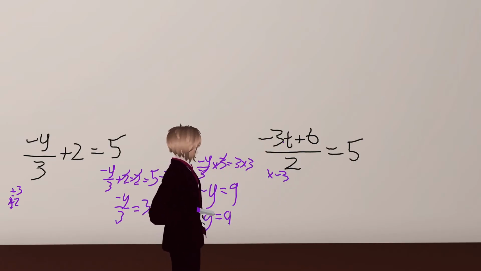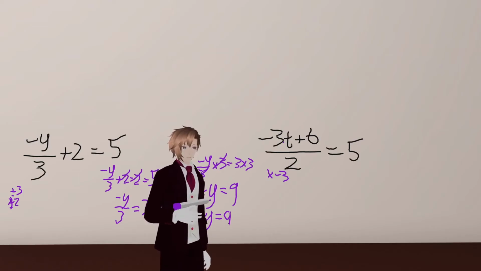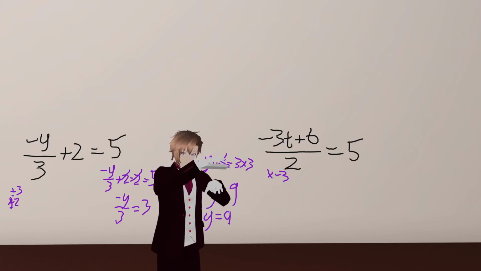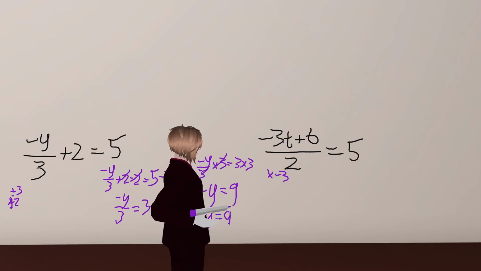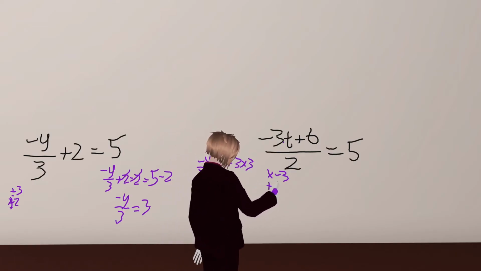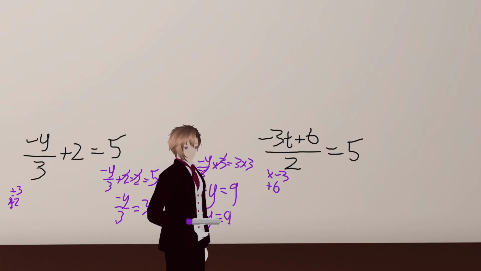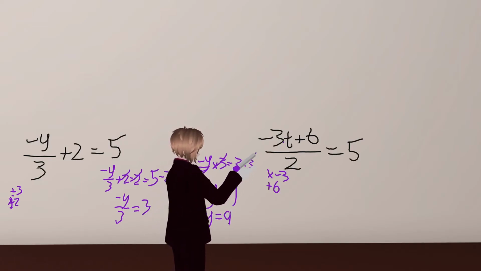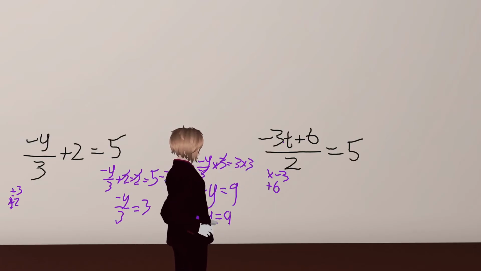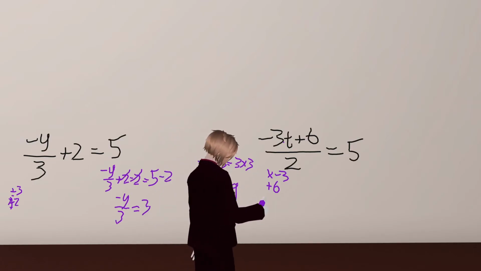Then what would you do? Remember, with fractions, we work out the top, then the bottom, and we try to squish it together. So we have plus 6, because that's on the top. And then finally, you would try to squish the top and the bottom together, and you would end up with dividing by 2.